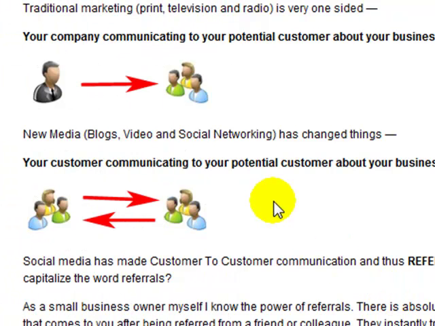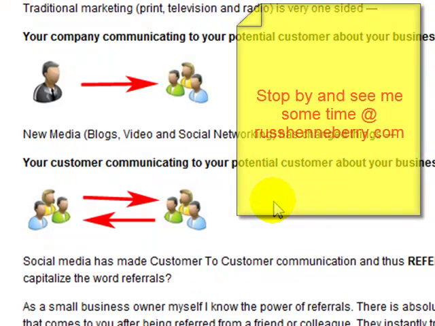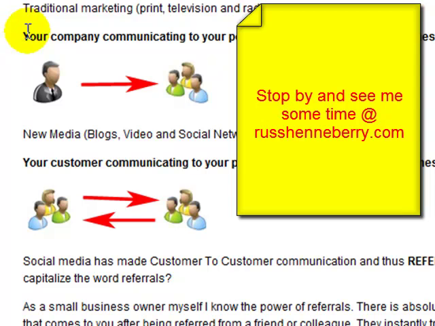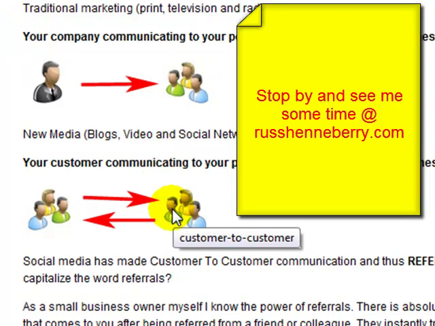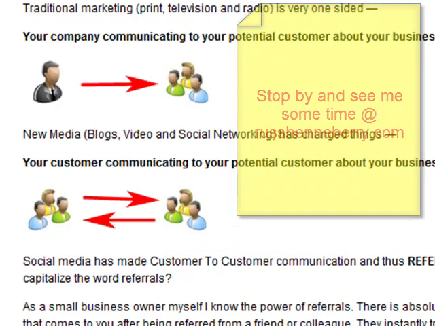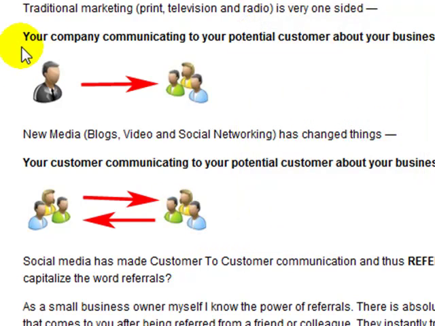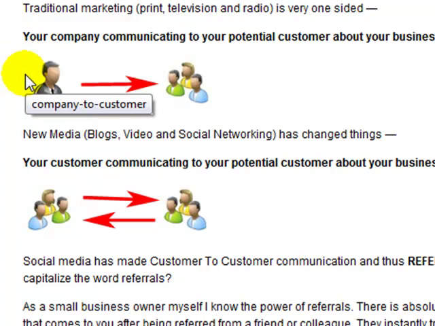I'm going to refer back to a post that I did on my blog at russhenneberry.com, and I'm going to be referring to these icons right here. So essentially what you're looking at here is a representation of traditional marketing, or print, television, and radio ads, which are really one-sided.